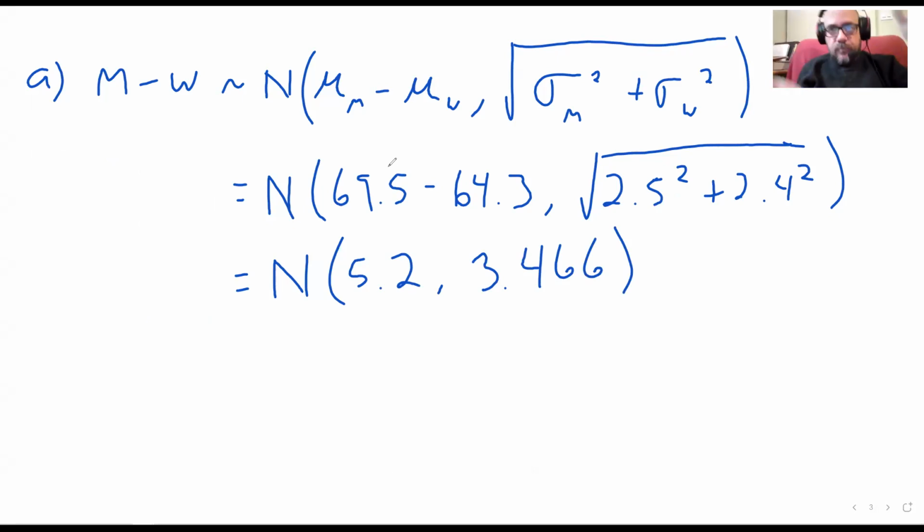Okay, great. So this new distribution, notice that it's centered much lower than either one because we're finding the differences of all of them, right? The difference between 69.5 and 64.3 is much smaller than either one. So this is centered around the mean difference and a little bit more spread out than either one started out to be.